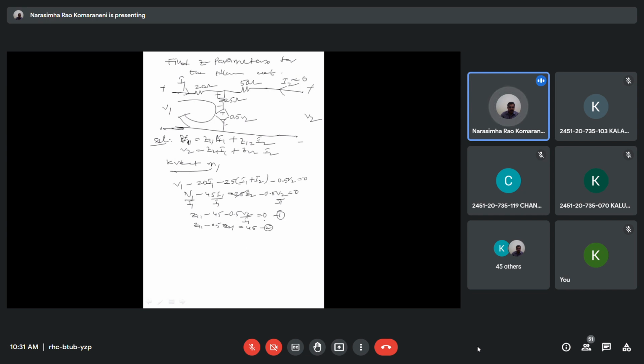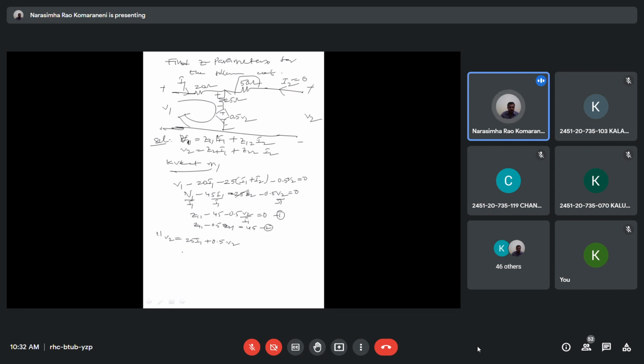Okay. Now, when port 2 is open circuited, if you find out the drop across this one, 5 to 0 means the drop across this 50 ohms is 0. So therefore V2 equal to 25 I1 plus 0.5 V2, right?